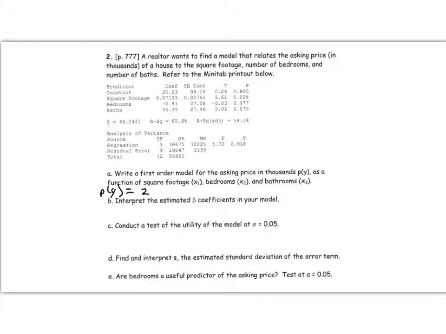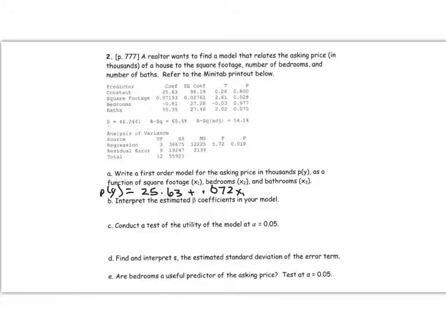Well, I think I forgot to put the constant on the last equation, but the constant goes in also, and we have the coefficients. For square footage, I'm rounding it to 0.072.